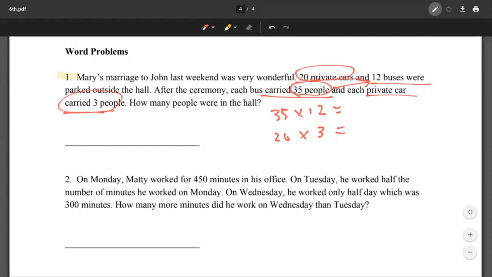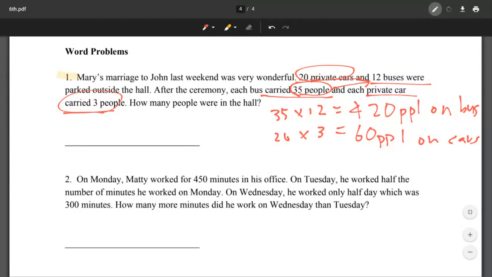Okay. And so when we do the math, that's 35 times 12, which is 420, right? That's the people on buses. And then 20 times 3 is 60 people on cars.